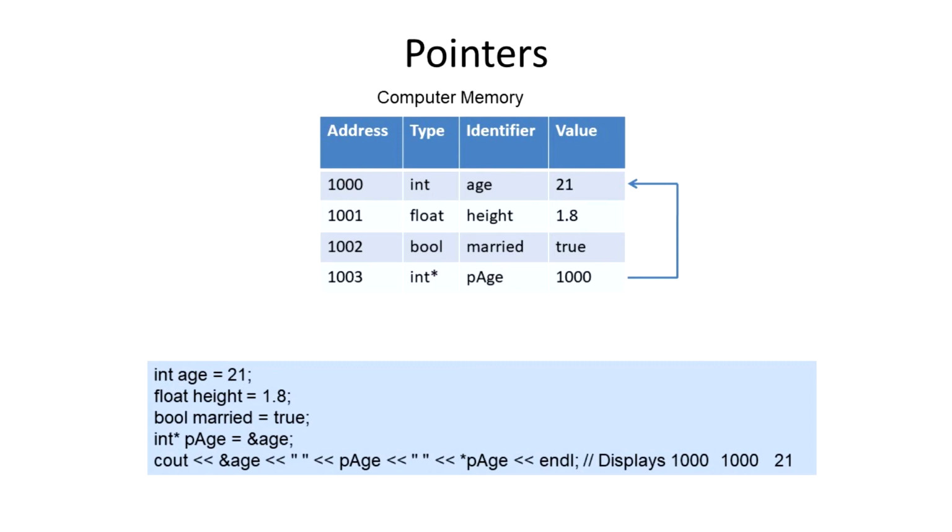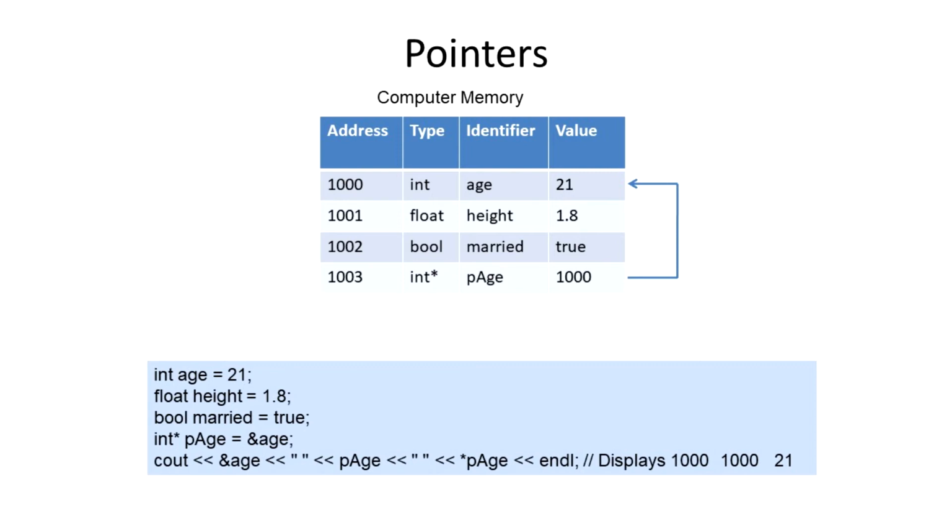And again, we've got another example where, if you have a look at the blue box here, in the last line we're printing out the address of age with the reference operator, the ampersand sign. That will display the memory address of that particular variable, which is 1000. It's the first variable, the age. Then we display the value of ph, the pointer, which in the line above we set up to hold the memory address of age. We don't have to include the reference operator; we just see the actual memory address because that is the value of the pointer.